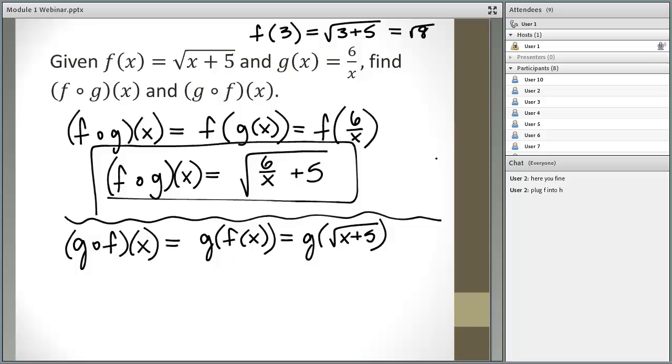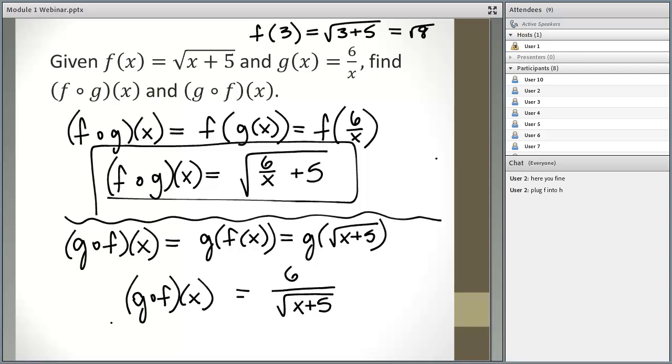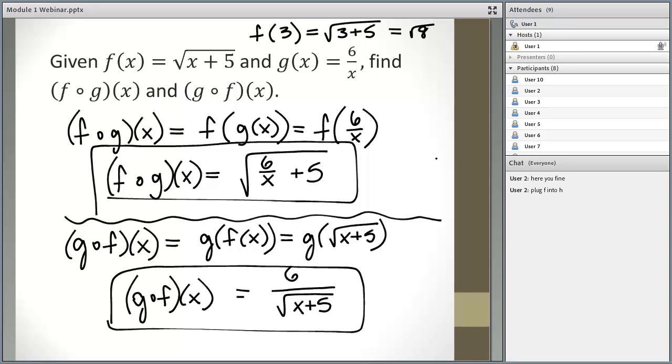So we're going to take the square root of x plus 5 and plug it into g of x for x. So we get 6 over the square root of x plus 5. And that is g composed of f of x. So I plugged the function f of x into the g of x function.